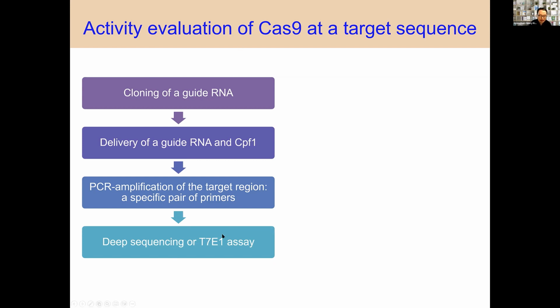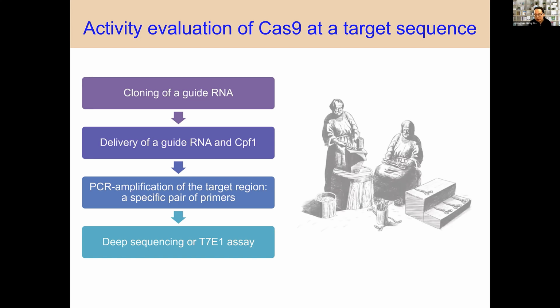This conventional method is also used for other genome editing tools like base editors and prime editors. However, by using this method, we can evaluate only one guide RNA's activity per experiment. So this can be compared to a cartridge system.